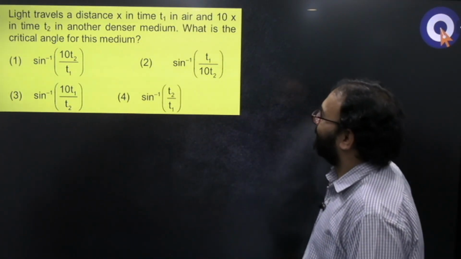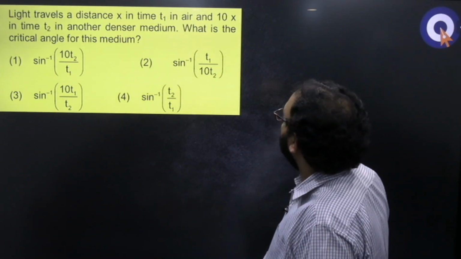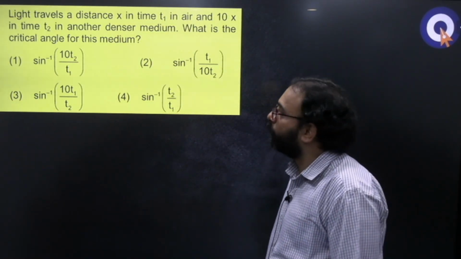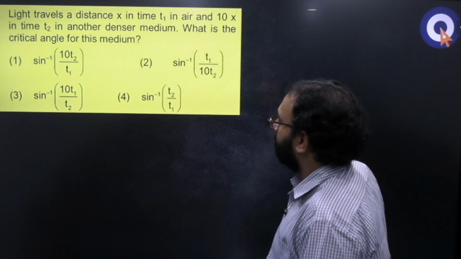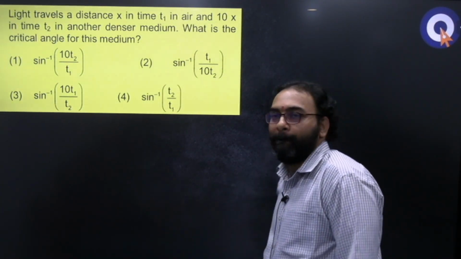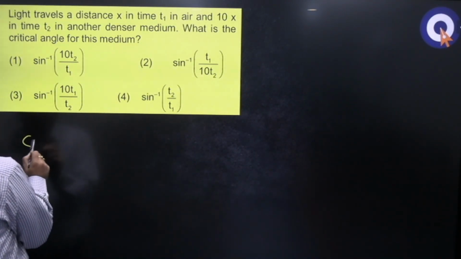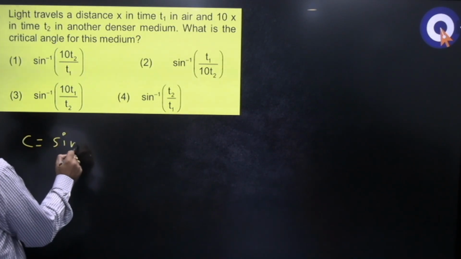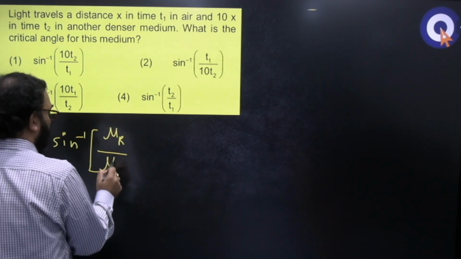Light travels a distance x in a time t1 in air and 10x in a time t2 in another denser medium. What is the critical angle for this medium? Critical angle formula: C equal to sin inverse of mu rarer by mu denser.